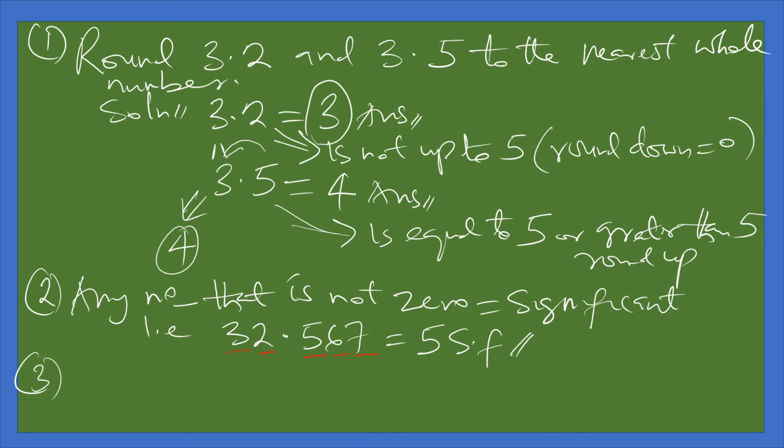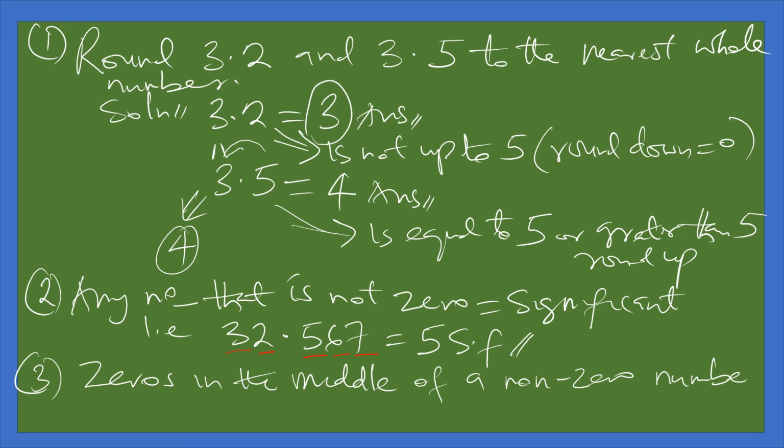Now, the third one says whenever you have zeros in the middle of a non-zero number, that 0 is significant.